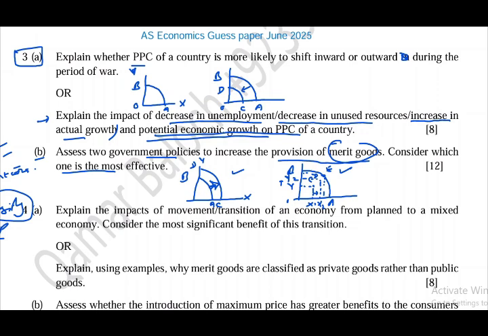Rather, they may misuse it for any other purpose apart from provision of merit goods, such as if you give subsidy to a certain company that is producing merit goods, but that company gives more rewards, more fringe benefits to the managers of the company instead of using that money to produce merit goods, right?